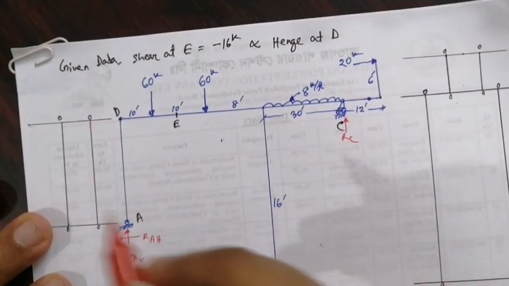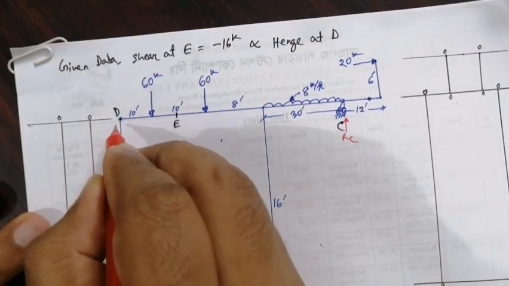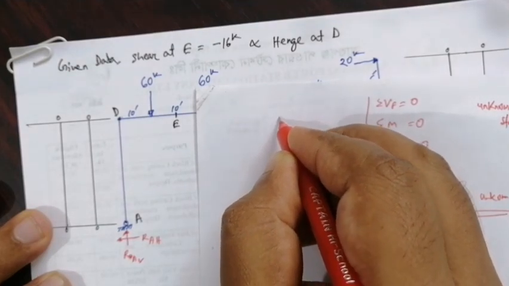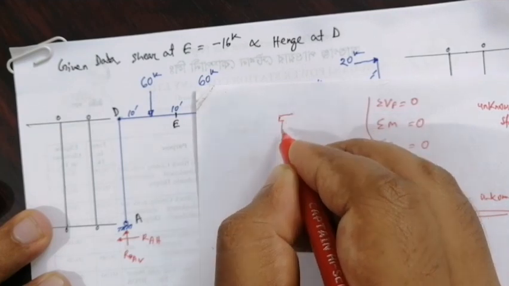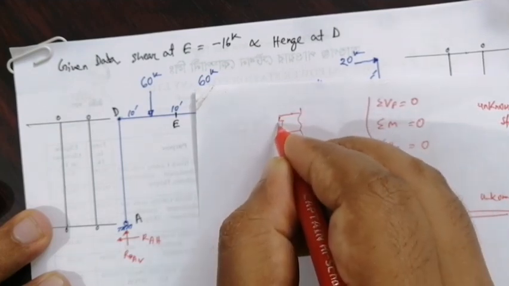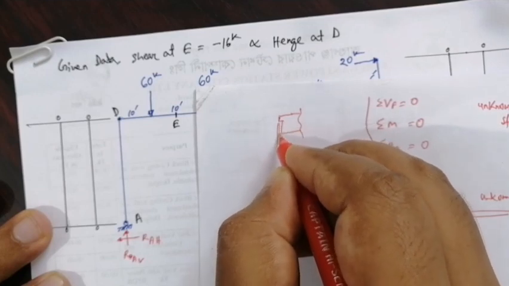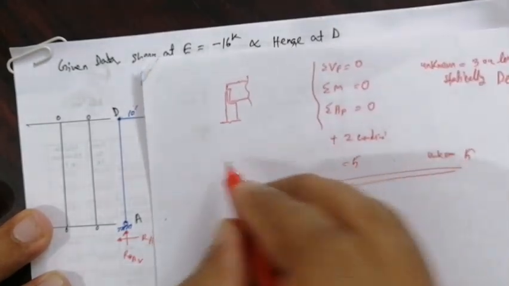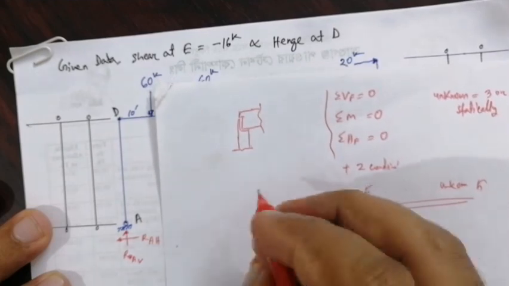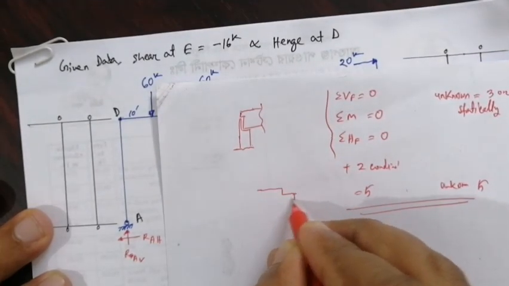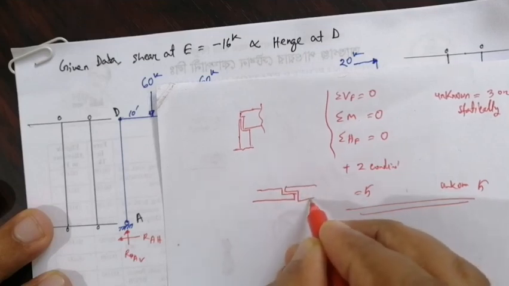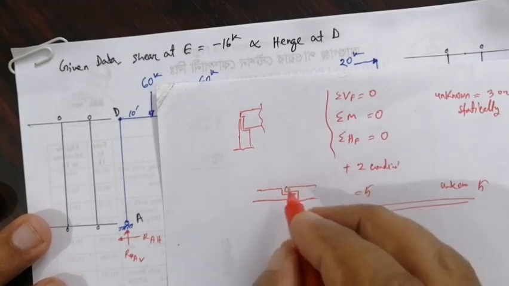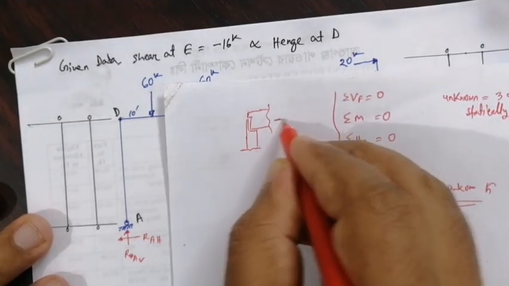So what is a hinge at D? The hinge point D is like this. We know the hinge point is this type, so only one type of load is passing, in this direction or this direction.